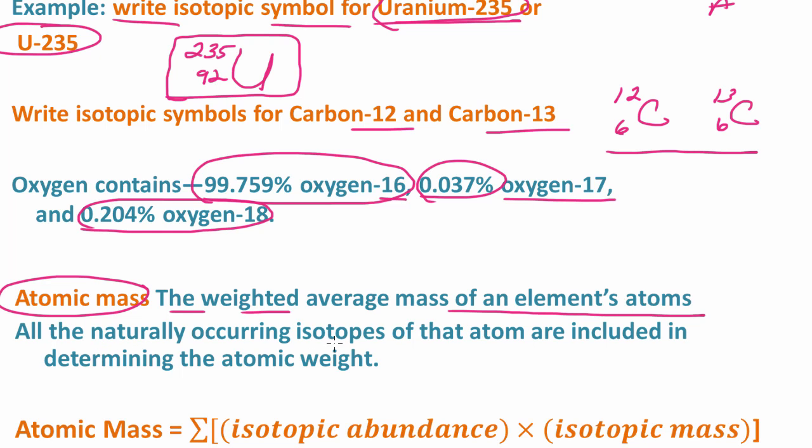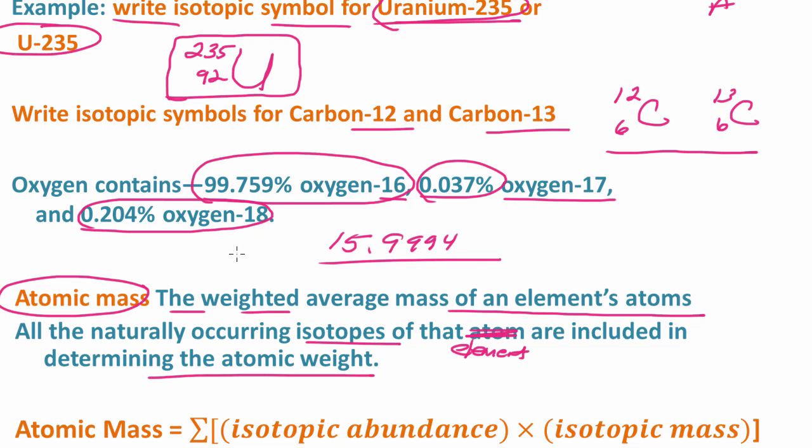All of the naturally occurring isotopes of that particular element are included in determining the atomic mass. Okay, your book uses weight, so I like to use the term mass. So, for example, the atomic mass of oxygen, which is shown on the periodic table, is 15.9994. Okay, that is determined by these three naturally occurring isotopes.